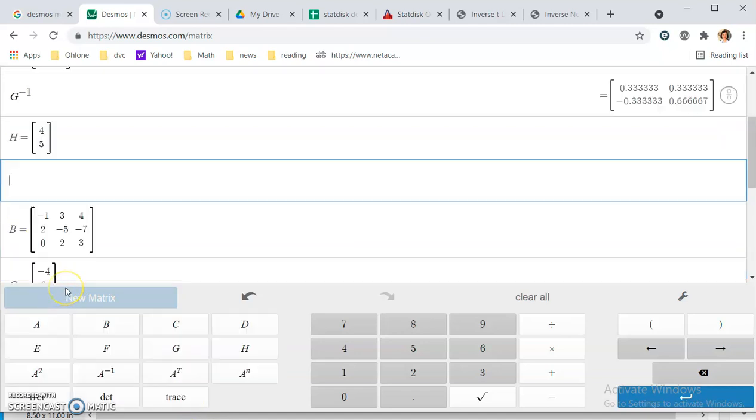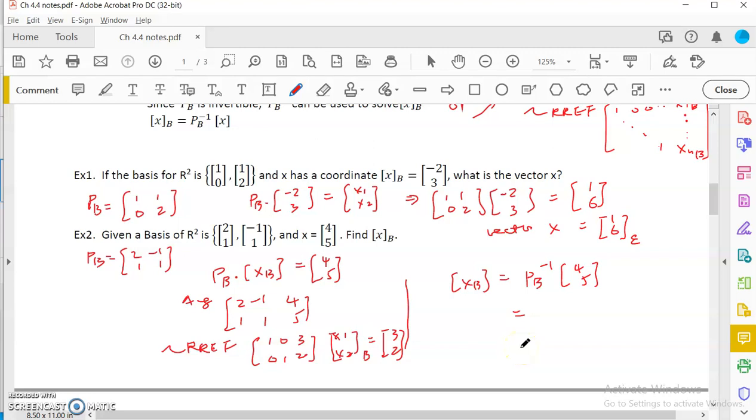Then I do G to the power of negative 1 times H. It'll be 3, 2. So I do the inverse of PB and then times 4, 5, which is equal to 3, 2. So they're the same.